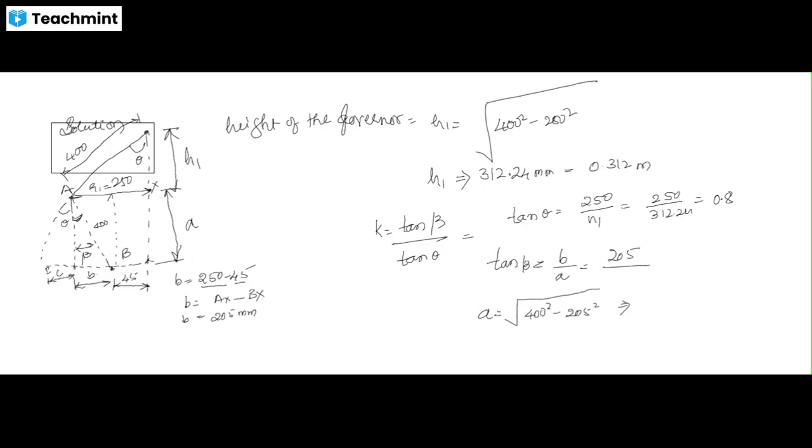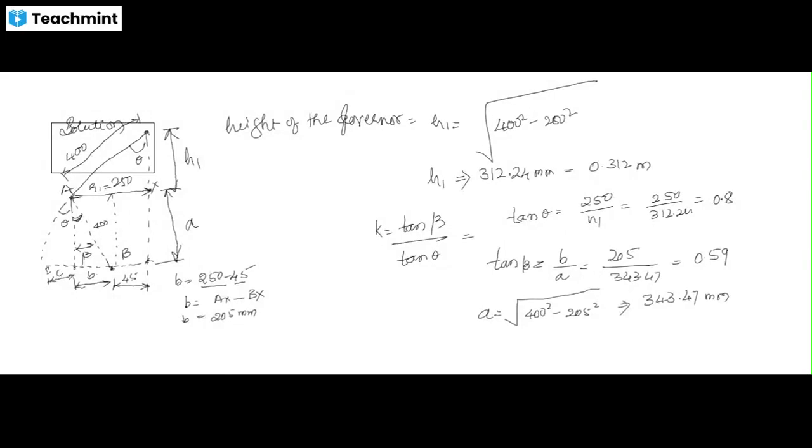Did someone get the value of A? 343.47. Now we substitute 343.47, and tan beta comes to 0.59.